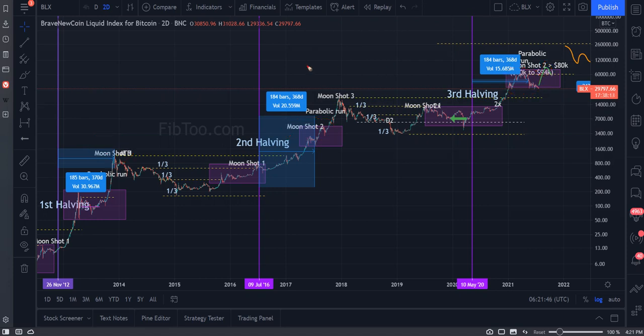So whilst that seemed to be the case, I want you to note that the first halving structure didn't just come down, it created the entire bear market, whereas in the second halving, it was just a correction and it pushes up into moonshot 3, and the same most likely in our latest case here, we'll be pushing up into moonshot 3 at the top. So just note that there's a difference between the references here in terms of the structures.